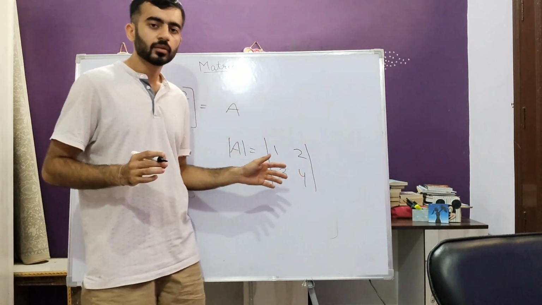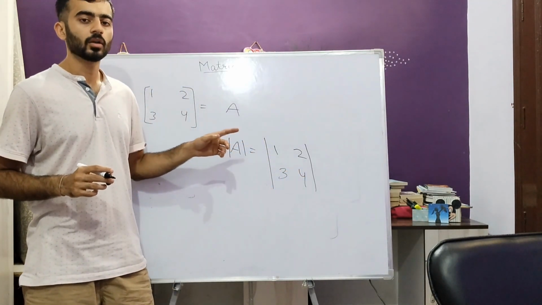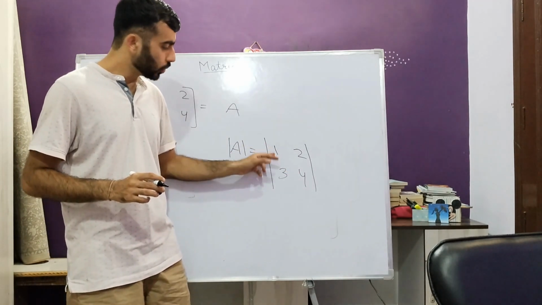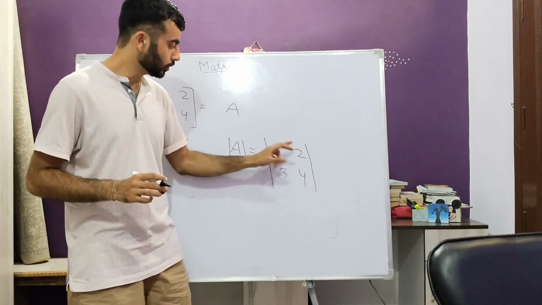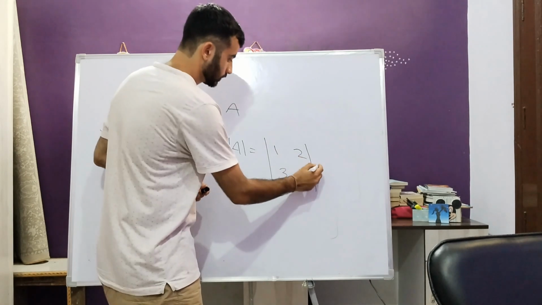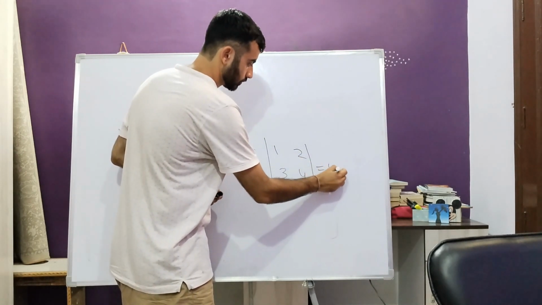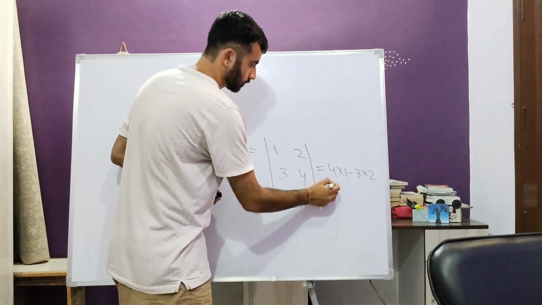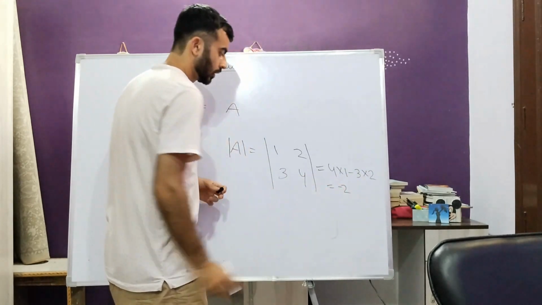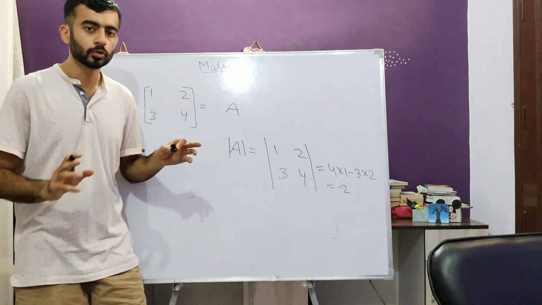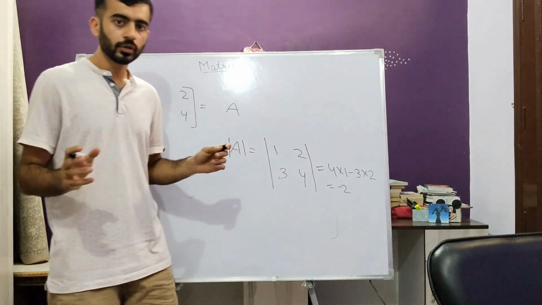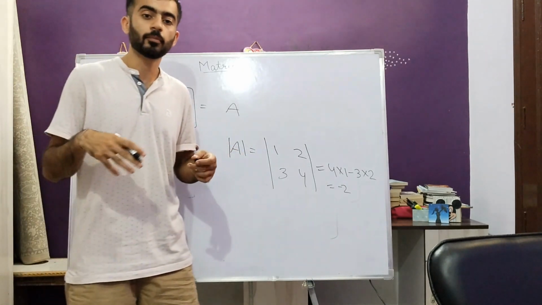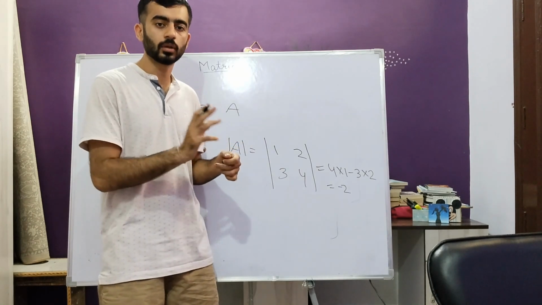This is a 2 by 2 matrix. To find the determinant of this matrix, what you have to do is 4 into 1 minus 3 into 2. Since the determinant comes to be non-zero, it is a non-singular matrix. If the determinant would have been 0, it would have been a singular matrix.